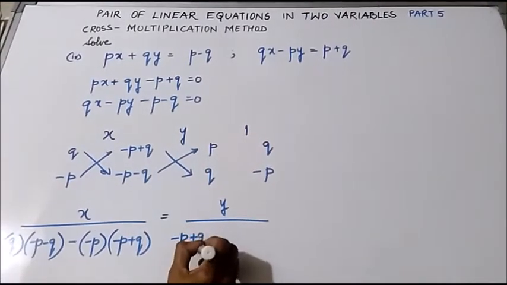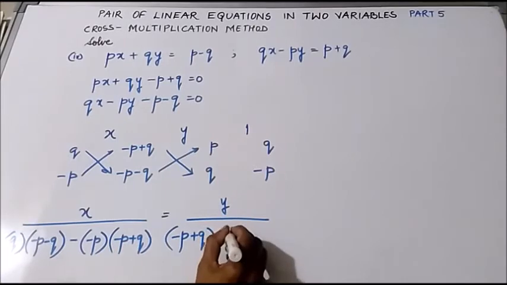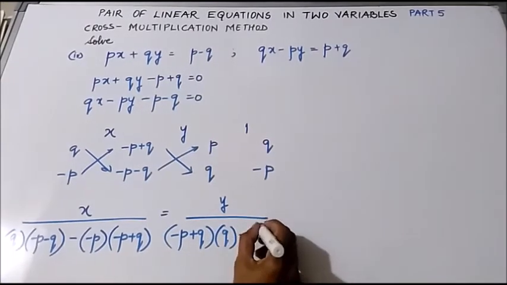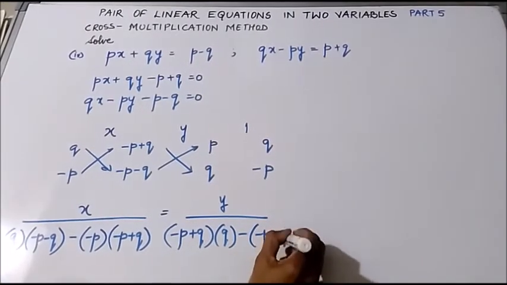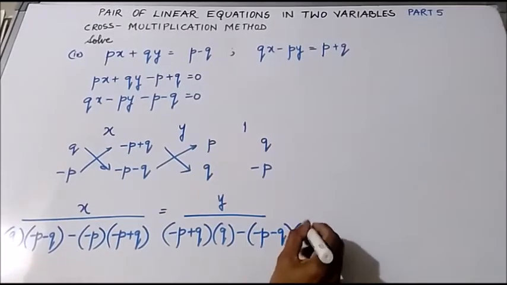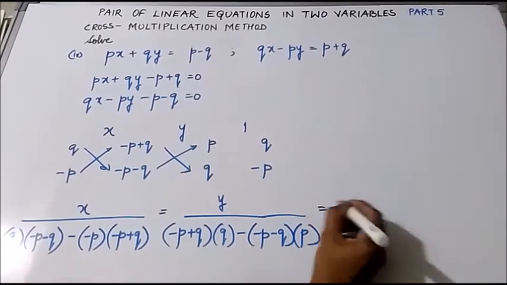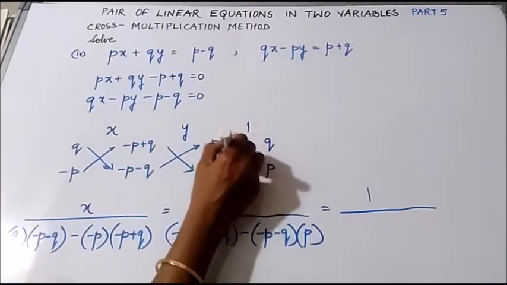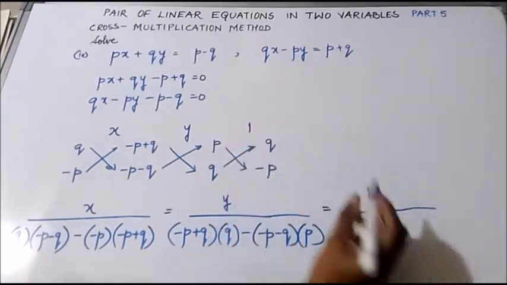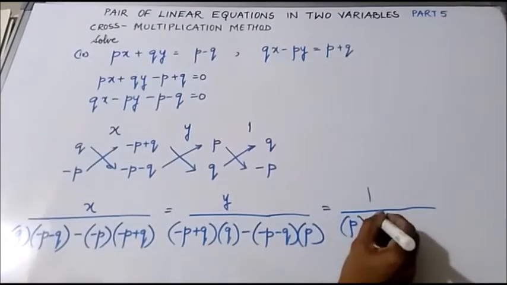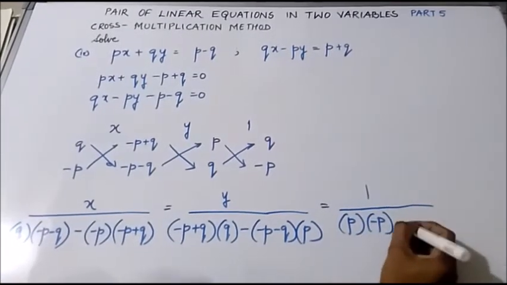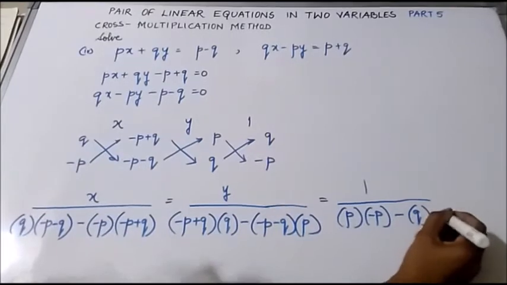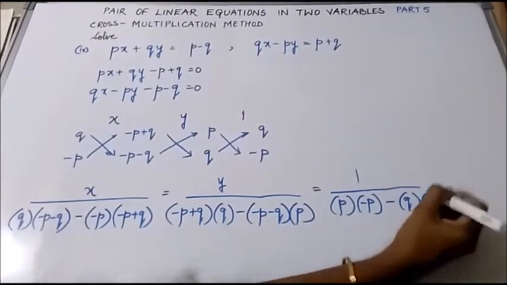Minus p plus q into q minus p minus q into p is equal to 1. Same way cross multiply. P into minus p minus q into q.